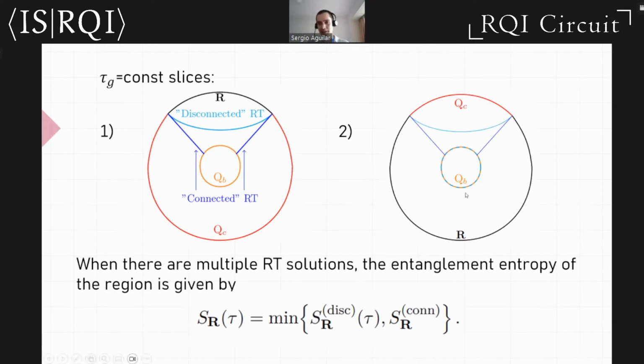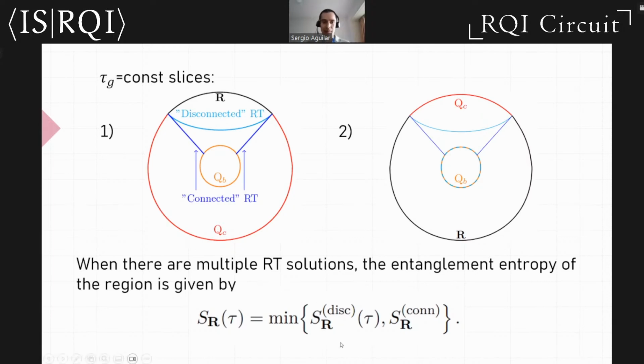There is another case where this interval R is large enough that it also covers some region in the interior of the IR brane. When that happens, you also need to take into account that there is some maximal number of degrees of freedom encoded in this IR brane, and that has to be implemented when doing the calculation of the minimal area surfaces.